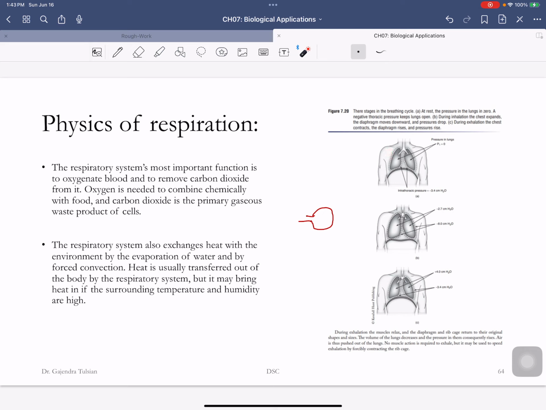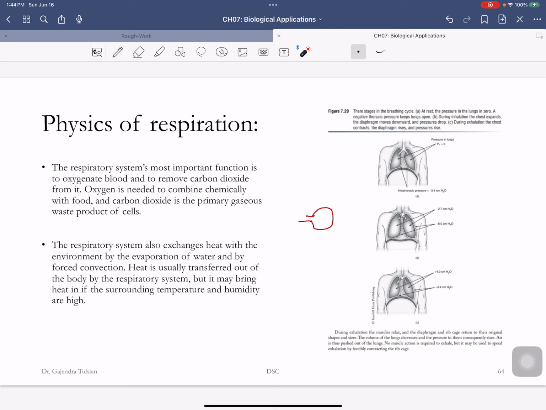Now when you breathe in, the diaphragm lowers, and the surrounding cavity, by the way, has an intrathoracic pressure of minus 3.4 centimeters of water. The pressure here is given in centimeters of water.